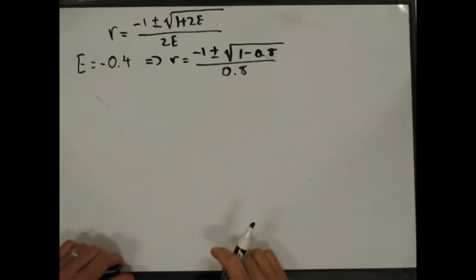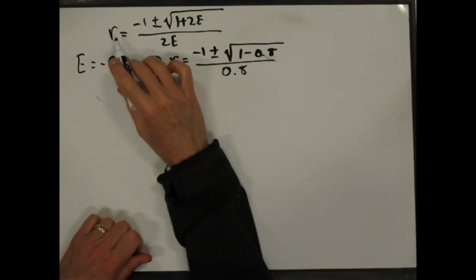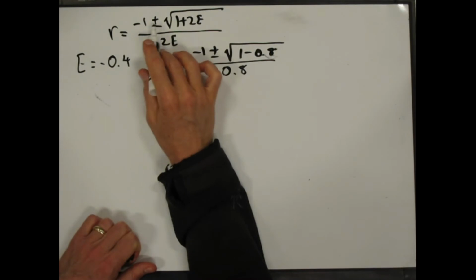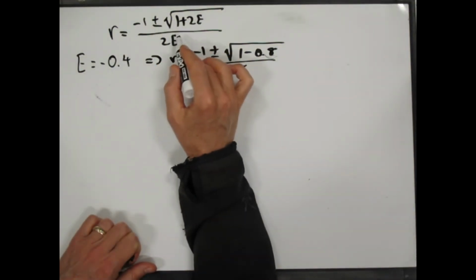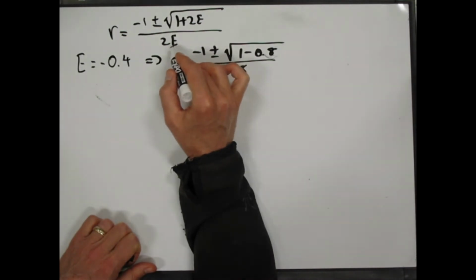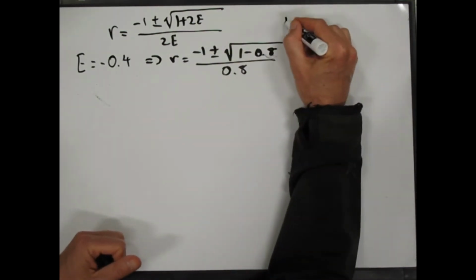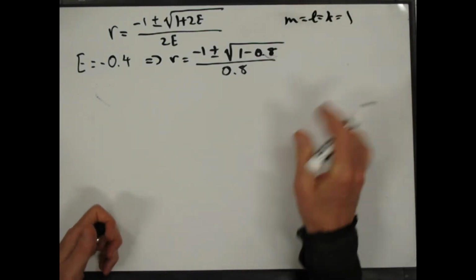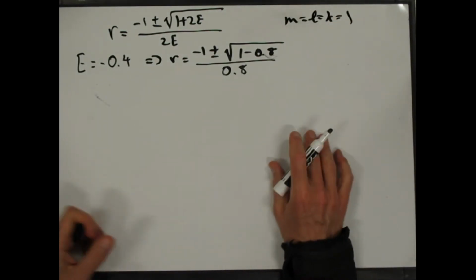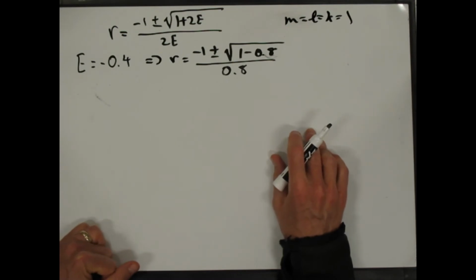Okay, so we can evaluate some of these. The limits on r is r equals negative 1 plus or minus the square root of 1 plus 2e, all over 2e. Here we picked m equals L equals K equals 1. We could pick a more realistic example than that, but we've just chosen those things to make it simple to graph.